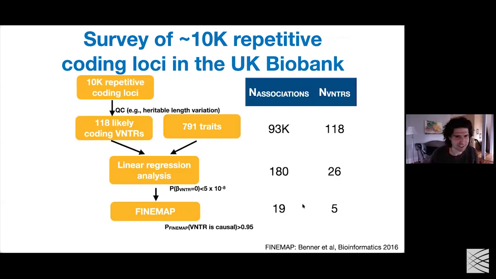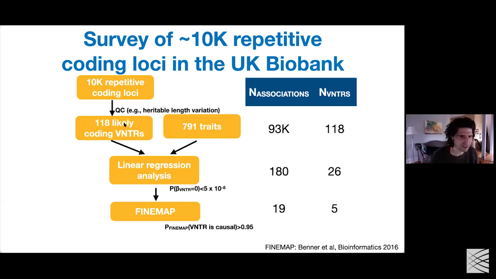And this is kind of how it worked out in numbers. We start with 10,000 repetitive coding loci, the vast majority of which are probably not VNTRs. So we estimated their lengths from depth of coverage, and then phased and imputed these loci. And then we applied stringent quality control measures to, for instance, ensure that the locus exhibited heritable length variation and was not part of a larger CNV.